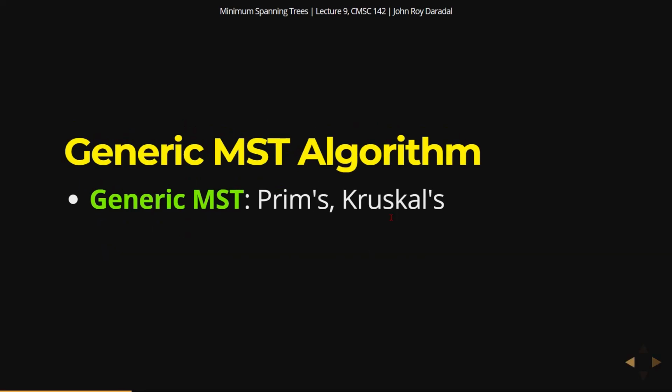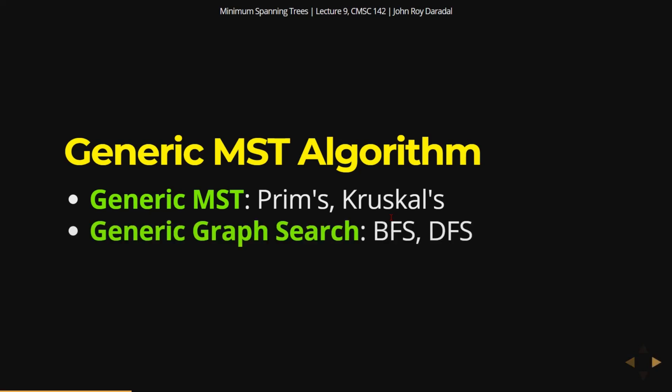Okay, so for MST, there is a generic MST algorithm that exists. So Prim's and Kruskal's actually follow this generic MST pattern, just like how BFS and DFS also follow the generic graph search, right? So remember that the generic graph search has an unspecified way of finding which node to expand next, right? So how do you get from the fringe?